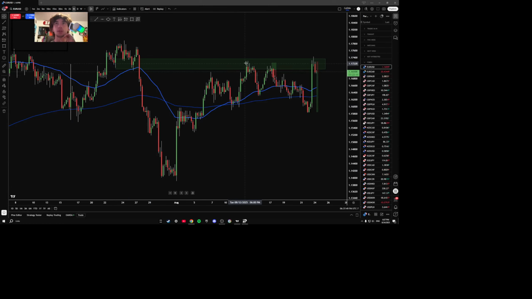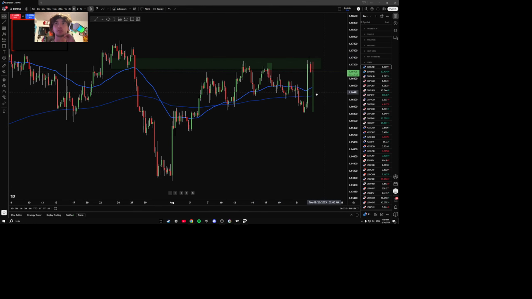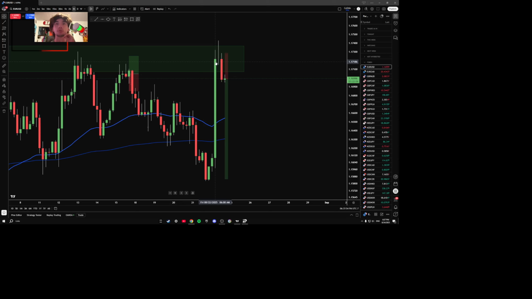Head and shoulders pattern, break, retest, break, retest. Massive move.